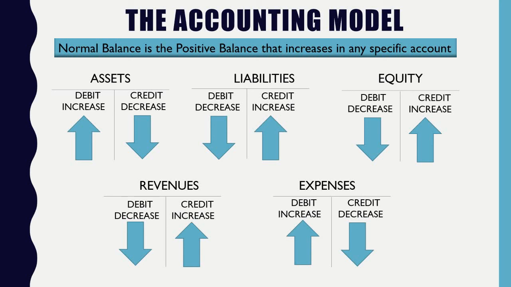You're going to increase it on the debit side, but in order to do that, you need to decrease your bank account with a credit, and your bank account's going to be an asset. Okay? So when you pay for something, you're always going to decrease your bank account. If you gain money or you received money, you're always going to increase your bank account. So make sure you understand it like that.